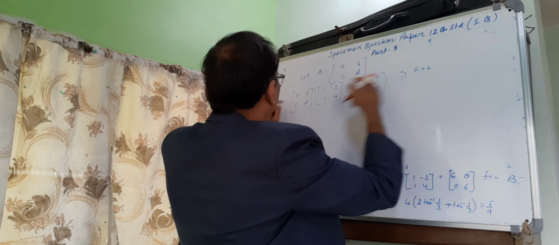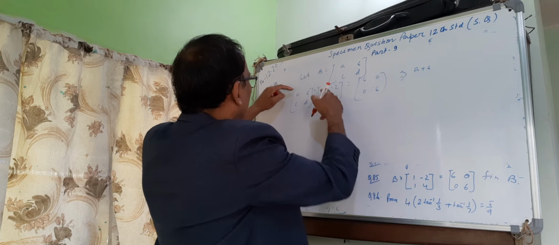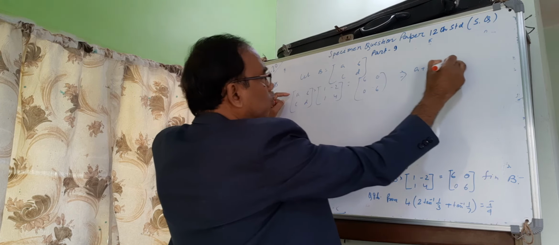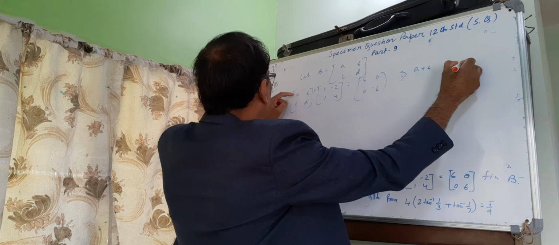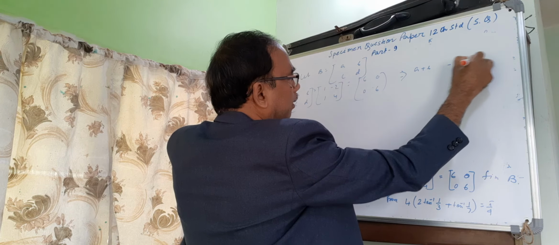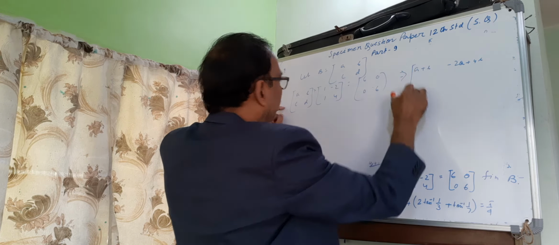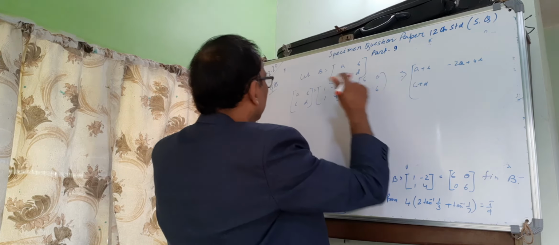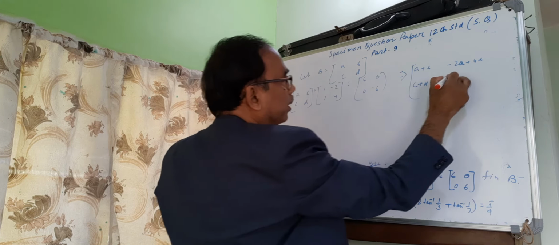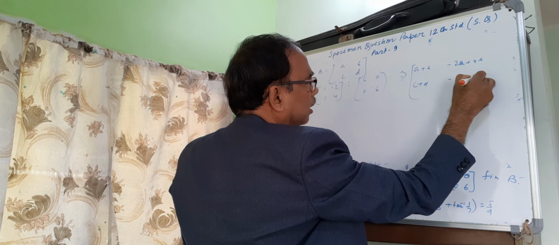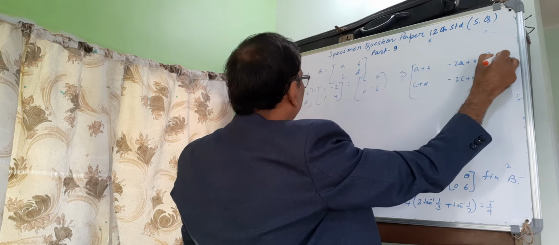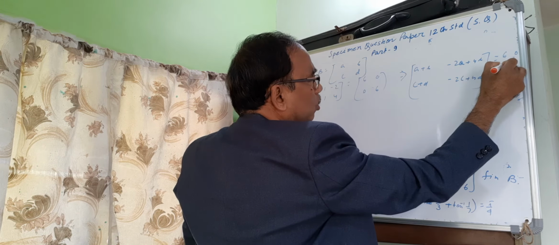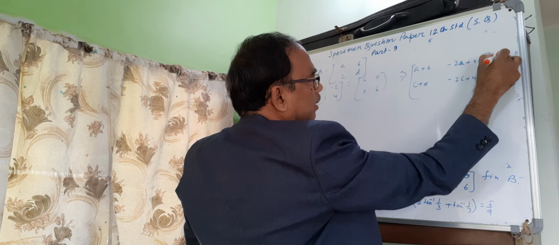The product gives A plus B, then minus 2A plus 4B, then C plus D, minus 2C plus 4D. Multiplication gives 6, 0, 0, 6.